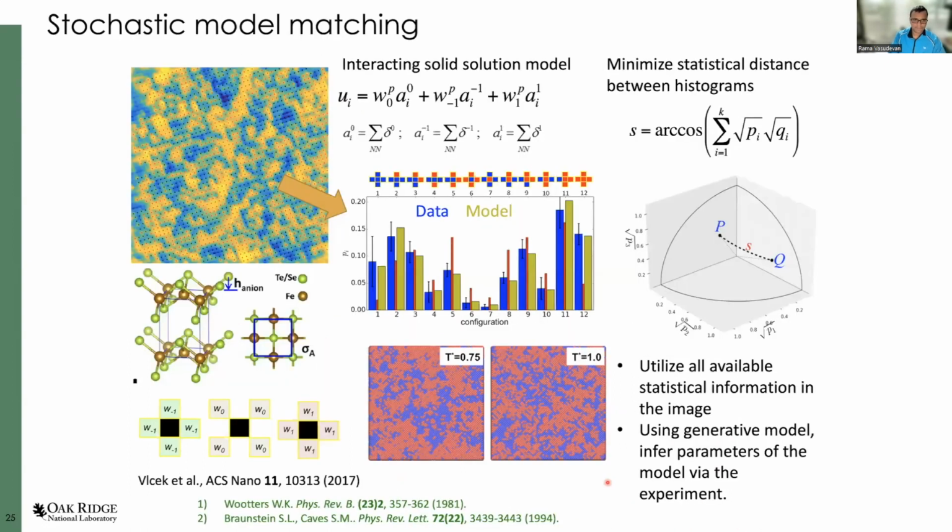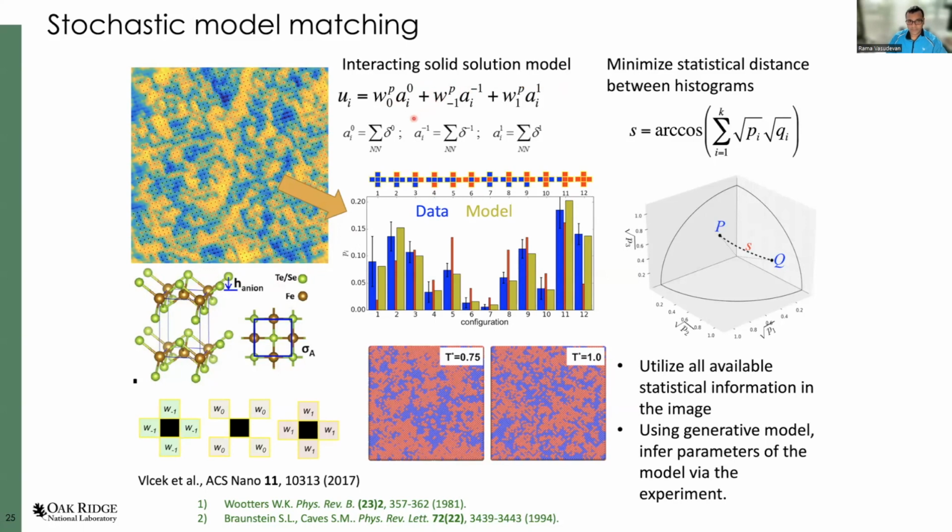So let's take this particular iron selenide telluride case. As I mentioned before, we are imaging the tellurium or selenium atoms on the surface with scanning tunneling microscopy. We wanted to create a very simple interacting solid solution model.